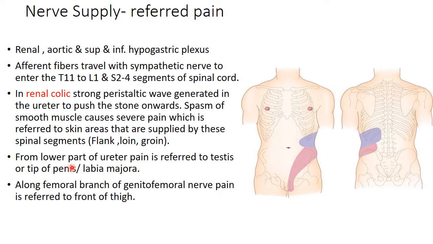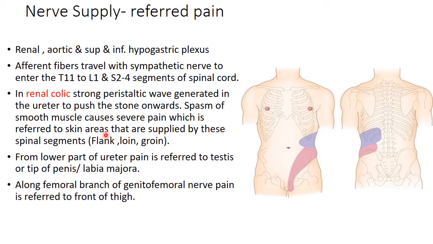When there is pain in the lower part of the ureter, it is referred to the testis or the tip of the penis and labia majora. Along the femoral branch of the genitofemoral nerve, pain may reach up to the front of the thigh. So these are the areas where one can feel the referred pain of renal colic.